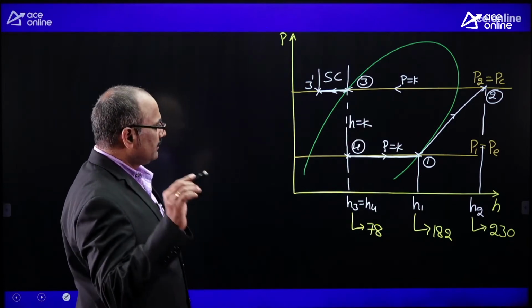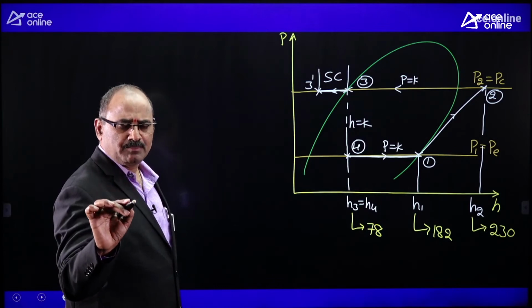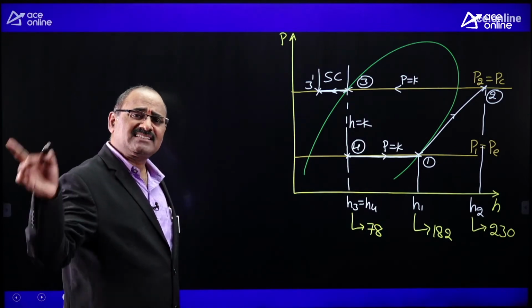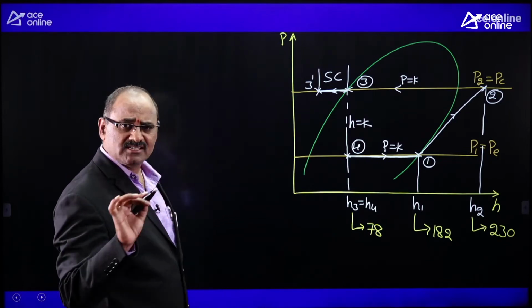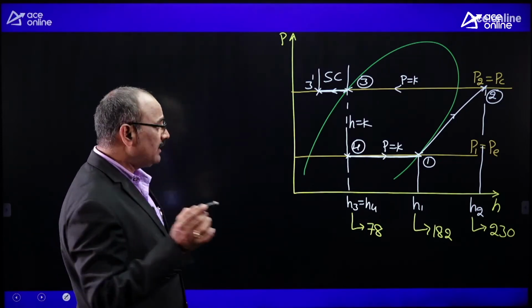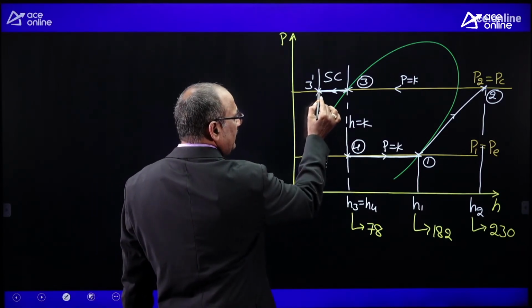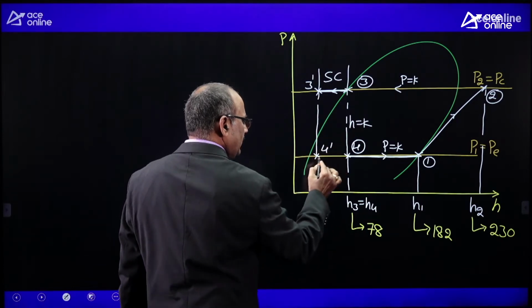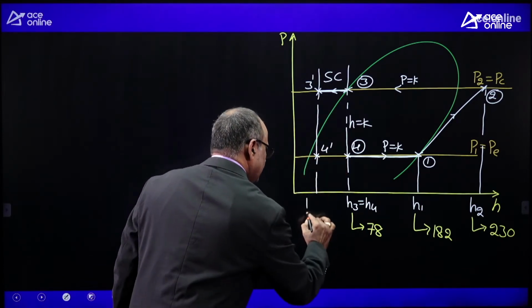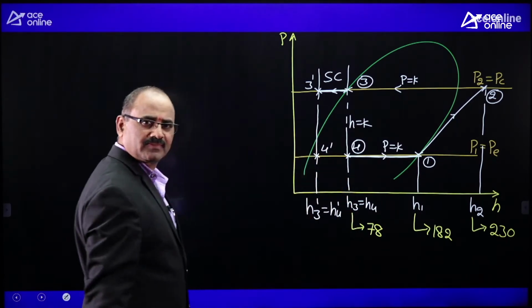For the subcooling system, the throttling is happening at 3 dash ending at 4 dash, where the enthalpy H3 dash is equal to H4 dash.